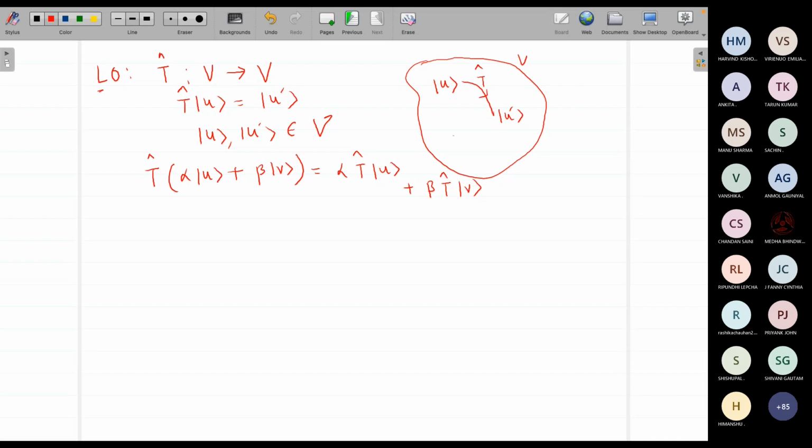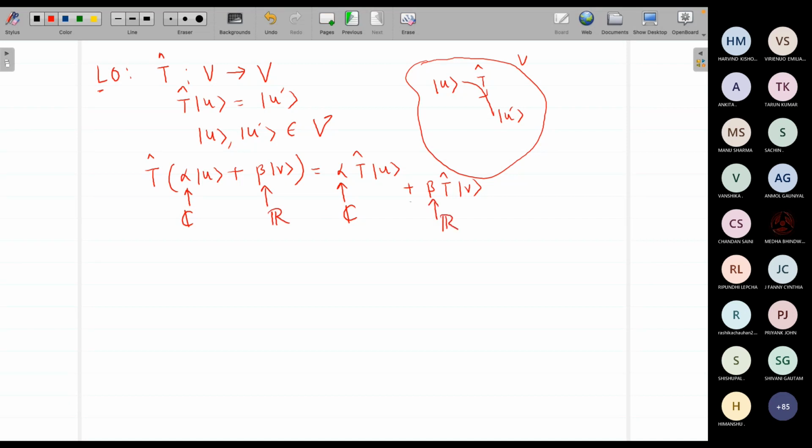Yeah. Sir, when we say alpha belongs to field F, which field is this? Yeah, so whatever alpha and beta I am choosing here, if I am using my complex field here, then I am going to use complex numbers there also. If I am choosing real numbers here, then I am going to have real numbers there.